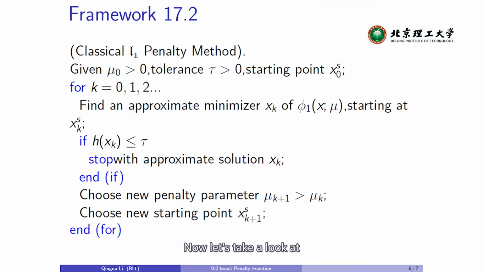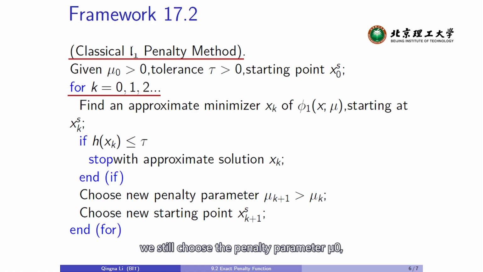Now, let's take a look at how we do the exact penalty method. The framework of the algorithm is demonstrated here, and it is very similar to the quadratic penalty method. At the initial step, we still choose a penalty parameter mu0 and a tolerance tau, as well as a starting point x0.